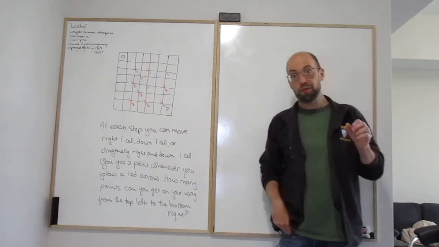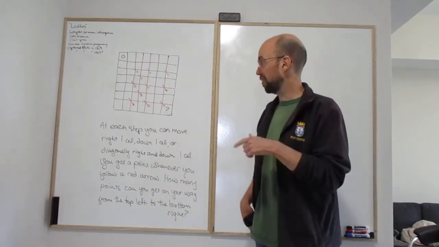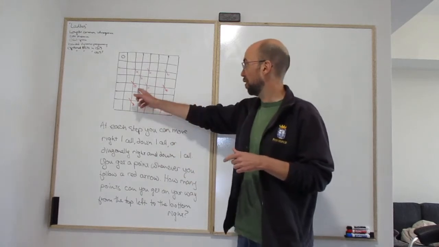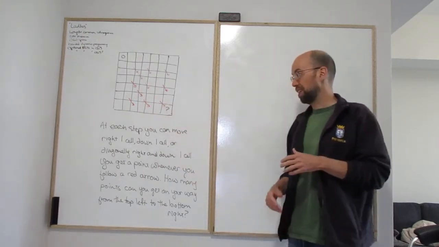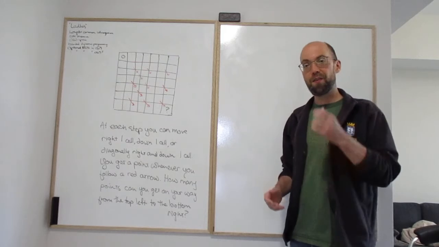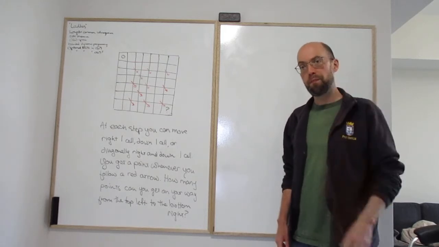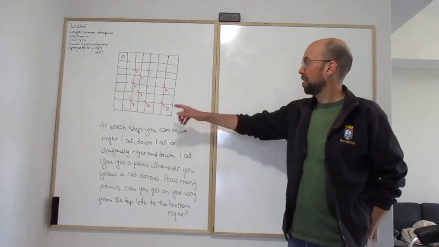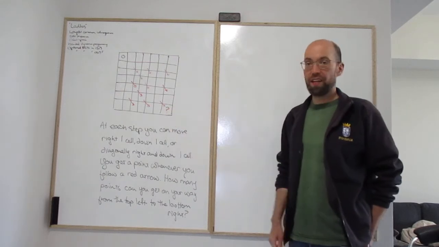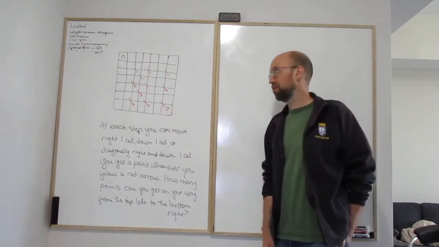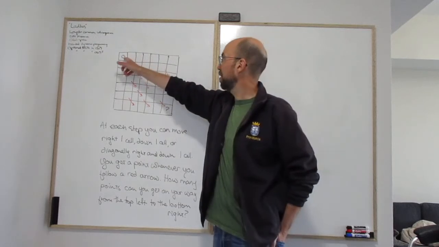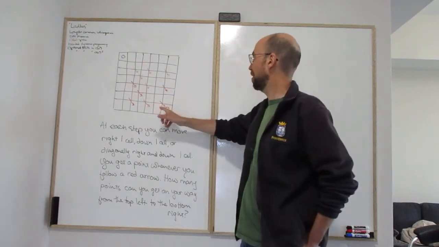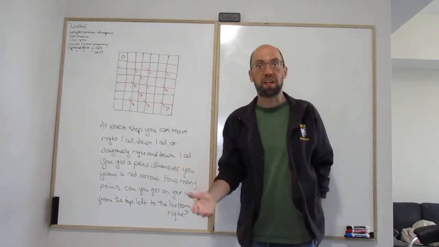Now, if you do a diagonal down move and you follow one of these red arrows, then you get a point. Okay? And the question is, how many points can you get? What is the maximum number of points you can get on your way from here, where you have 0 points, to here, where you have however many?